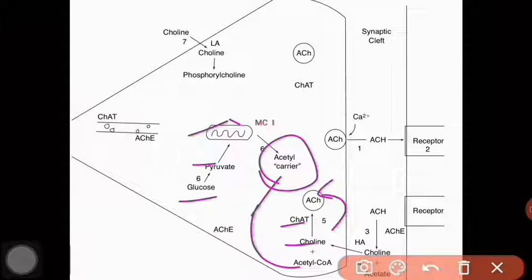Once the calcium influx happens, acetylcholine is released. It binds with the receptors. The excess acetylcholine is hydrolyzed by acetylcholine esterase to become choline and acetate.